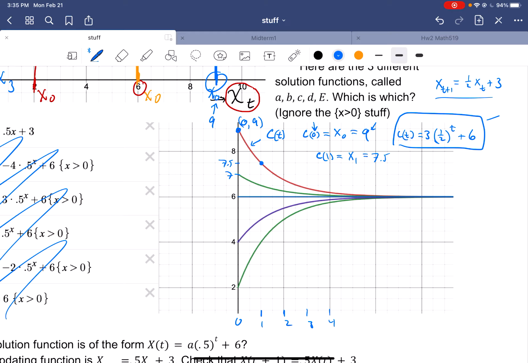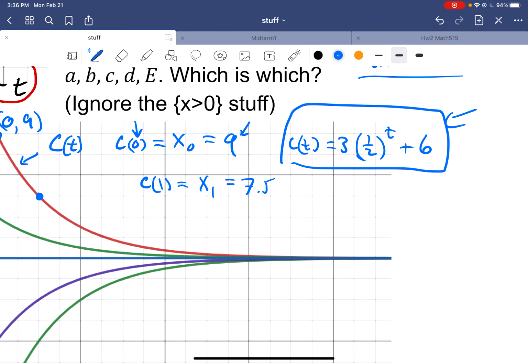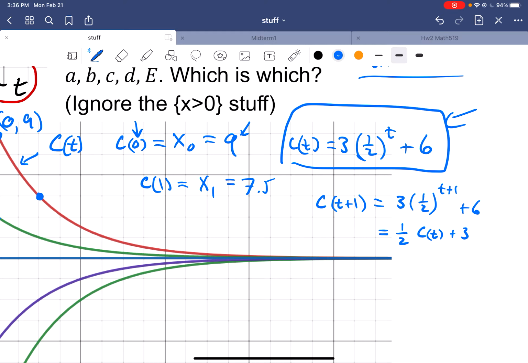Notice this function here, if you actually compute c of t plus 1, all you have to do is plug in t plus 1 for t. It's 3 times 1/2 to the t plus 1, plus 6. It turns out this is the same as if you were to multiply c of t by 1/2 and then add 3. So let's do this computation.